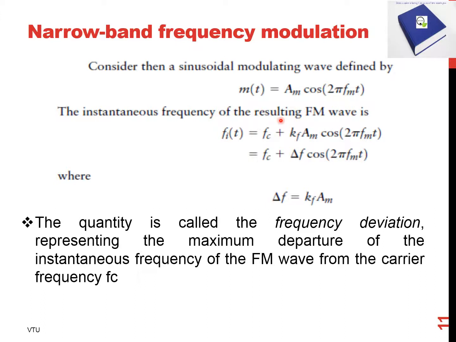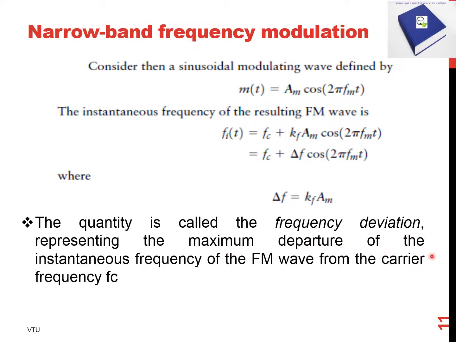Instantaneous frequency of resulting FM wave, that is fi of t, is given by fc plus kf Am cos 2 pi fmt, or fc plus delta f cos 2 pi fmt, where delta f equal to kf into Am. So it is the frequency deviation.